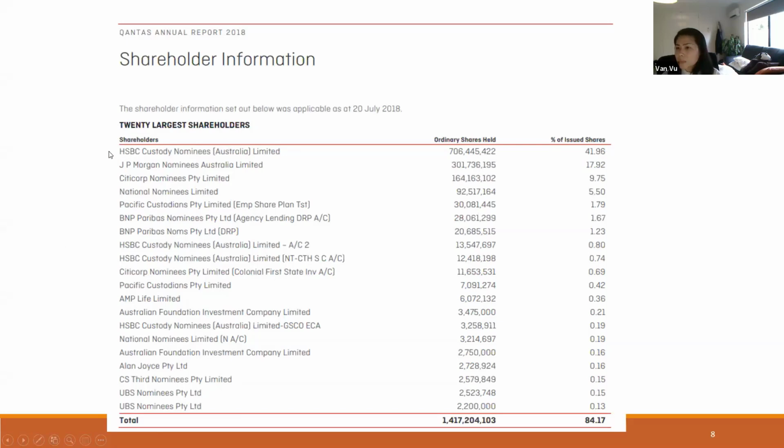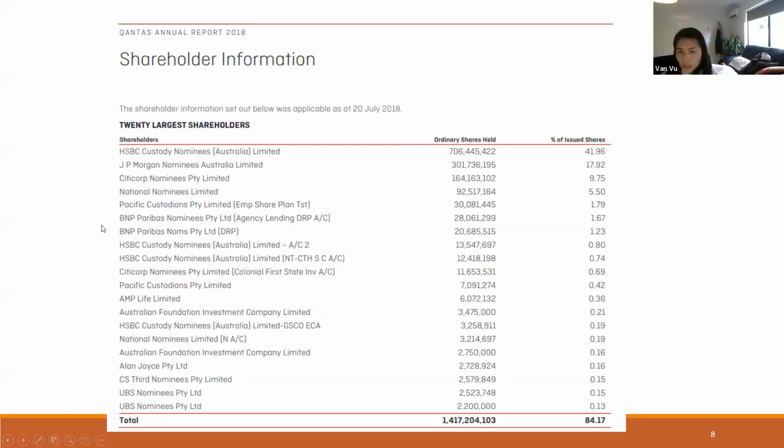So we have HSBC. This is a UK company, a UK bank. We have JP Morgan. This is a US bank, okay? Similarly, we have Citicorp. This is some trust account. And we also have some other international banks, okay?